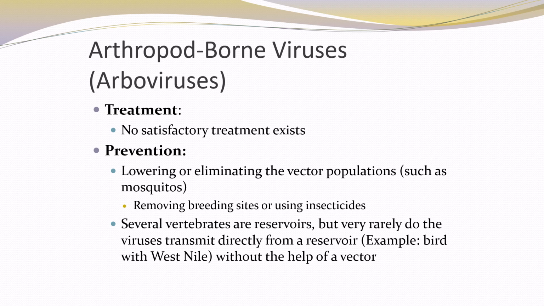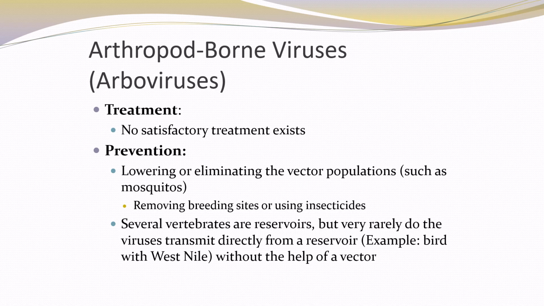So lowering the vector populations, whether that is treating mosquito populations or removing breeding grounds for mosquitoes or avoiding areas where you know there are these arboviruses present in those vectors, things like that. That is the biggest kind of point of prevention.